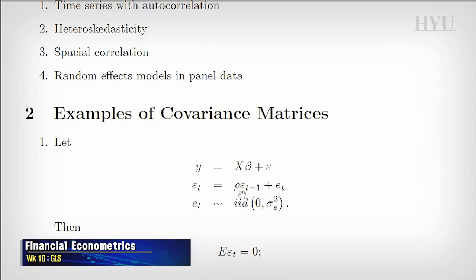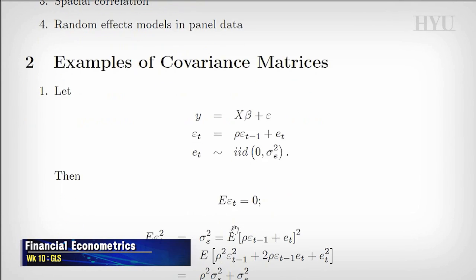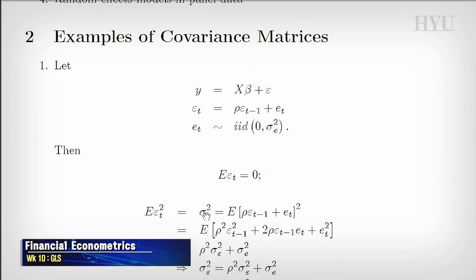Then let's analyze how the variance covariance matrix of epsilon looks. Then clearly, the expectation of epsilon should be zero. Okay, and then second, epsilon squared looks like this.